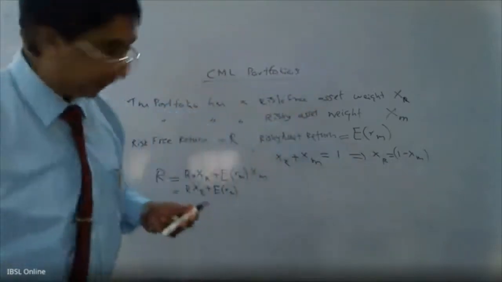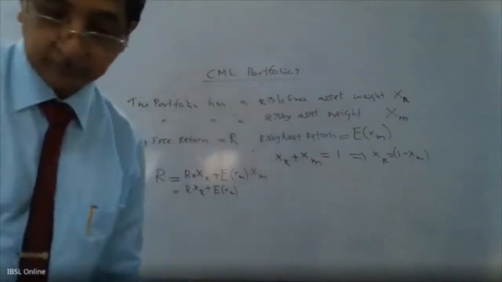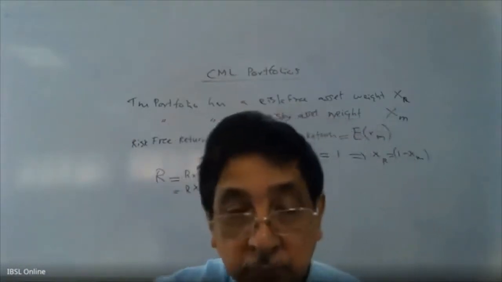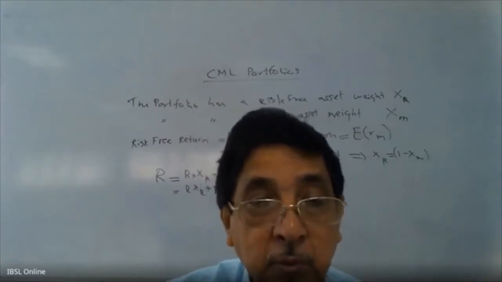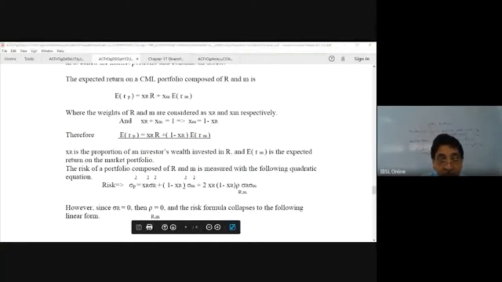We can put it in R terms. XM equals 1 minus XR. So you can replace XM by 1 minus XR.